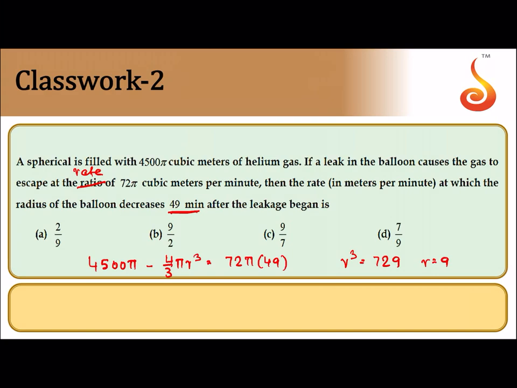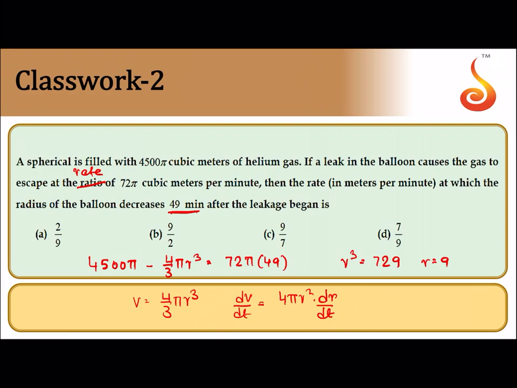So from this we get r cube is equal to 729 and r is equal to 9. Simply, pi and pi will cancel, rearrange it, you get r is equal to 9.